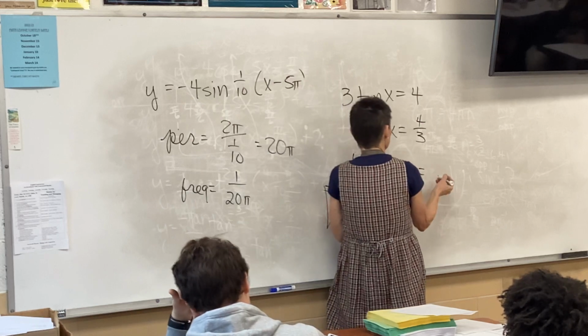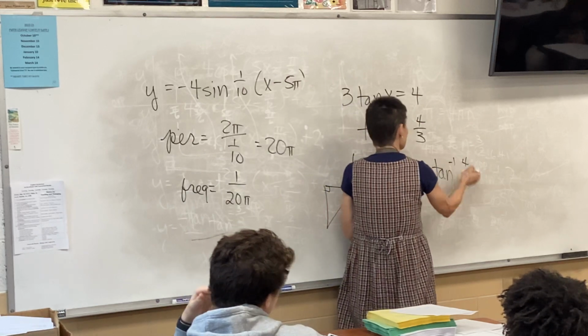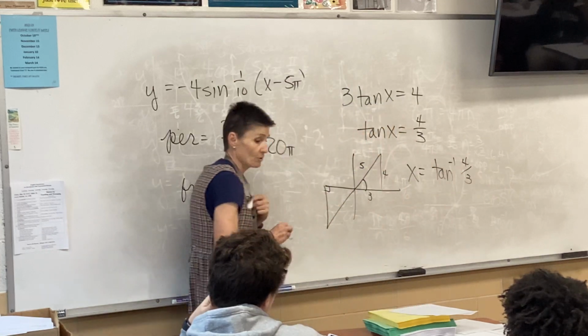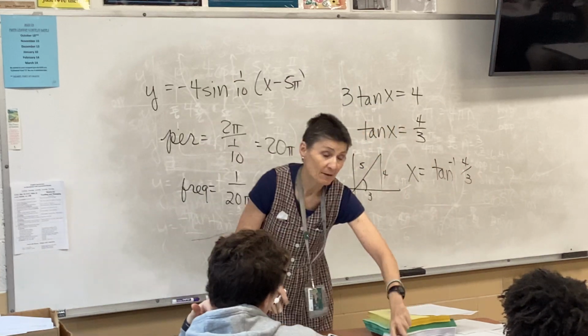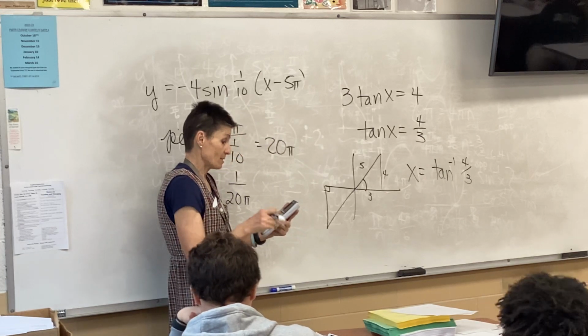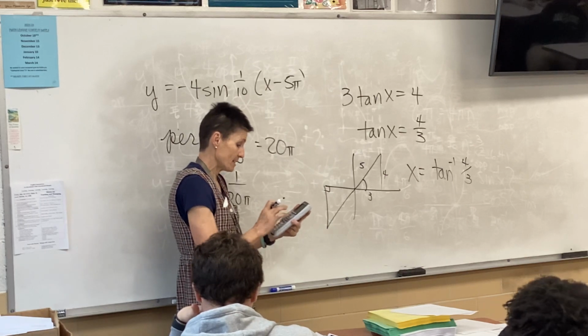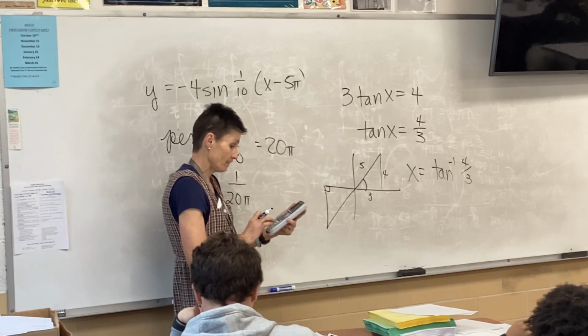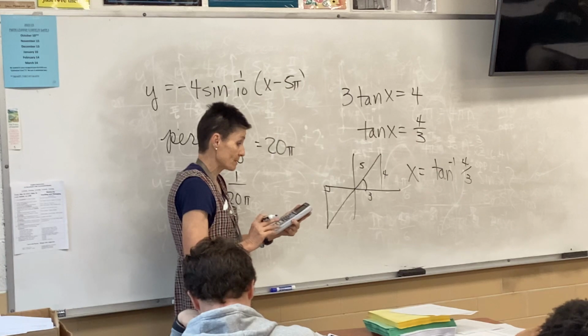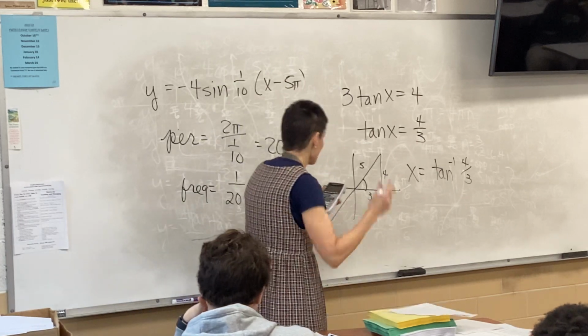And x is going to be whatever angle has a tangent of 4/3. Now, I do need to be set in radians, because the directions say 0 to 2 pi. So I need to be set in radians, and then second tangent, 4/3. So, probably no rounding, let's just do 100ths.